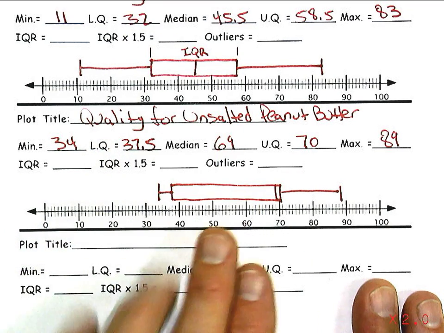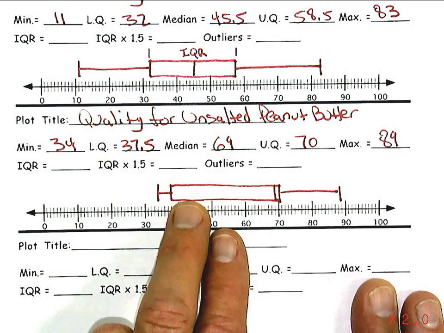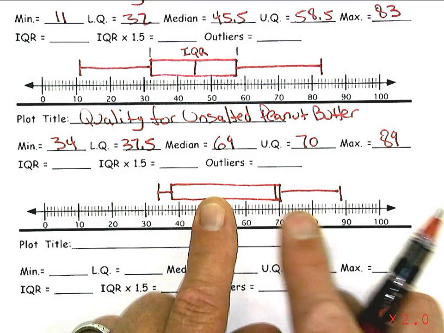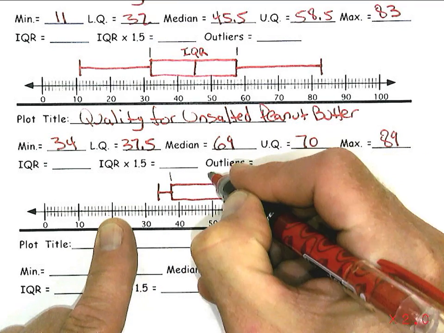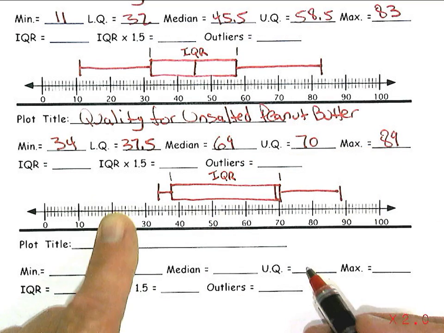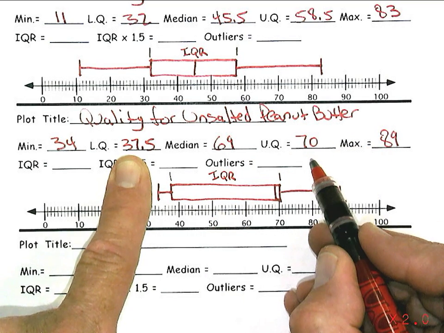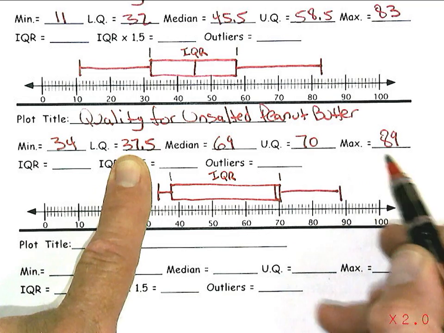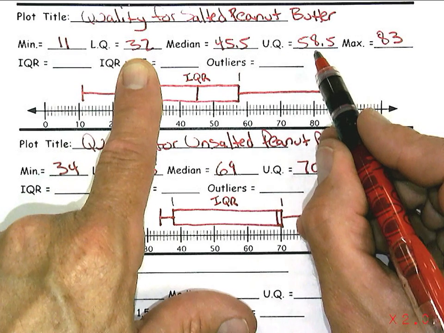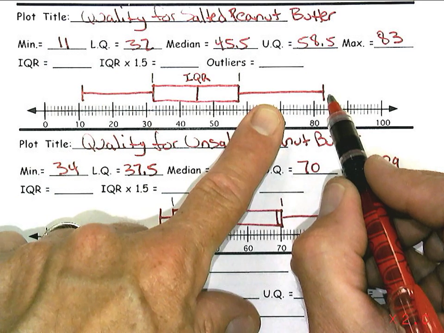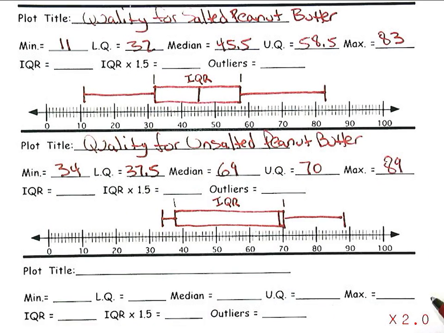And we do the same here. This is a pretty big box, so it would have to be more than 1.5 boxes on either side. The IQR is the distance between the lower quartile and the upper quartile. It's a pretty big distance, so it's not likely that any of these are outliers. Same thing here. So we're just not going to worry about that in this case.